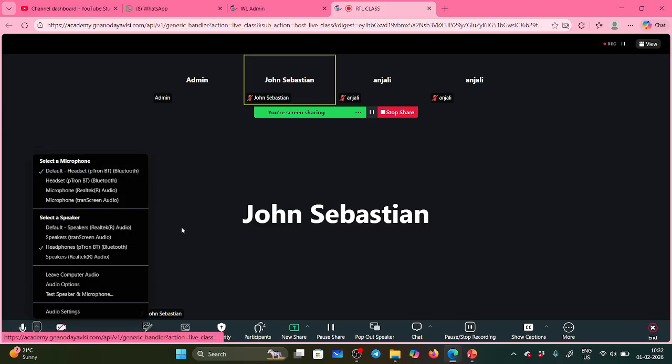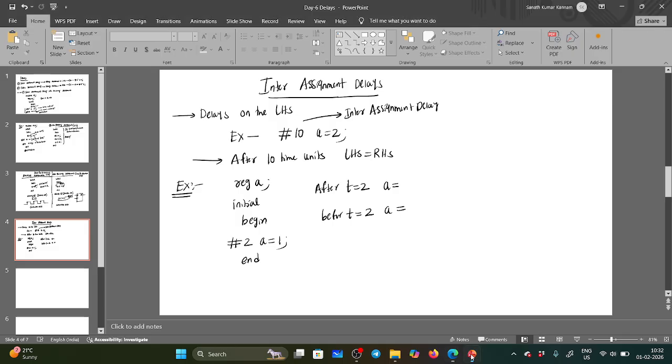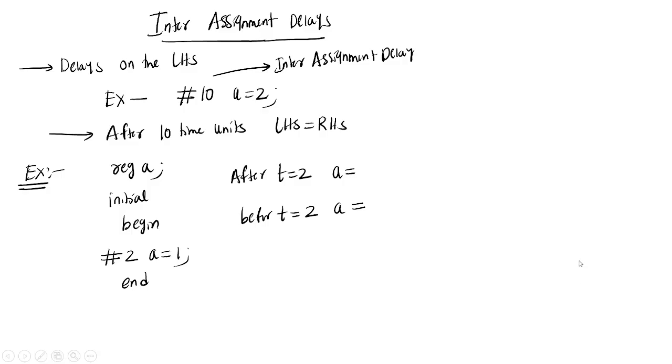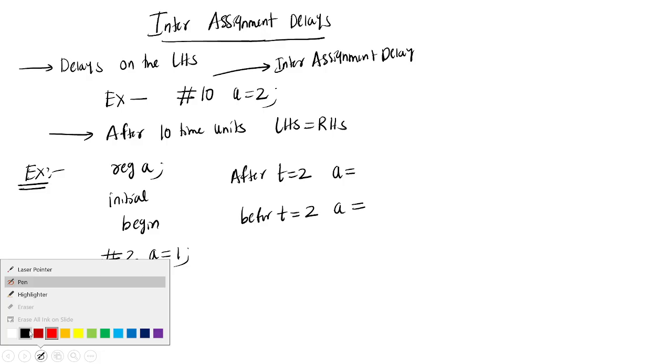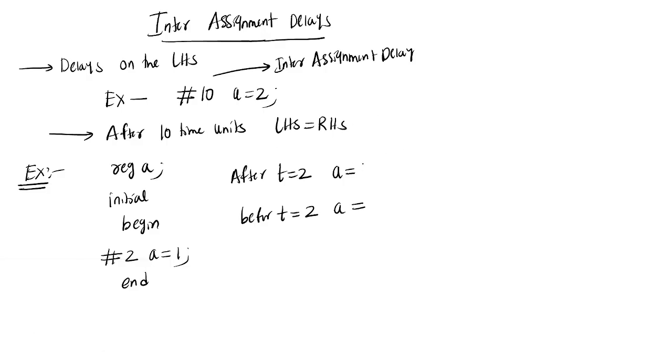After t equal to 2, a equal to 1, and before t equal to 2, a is x. Why? Because the default value for the reg data type is x.